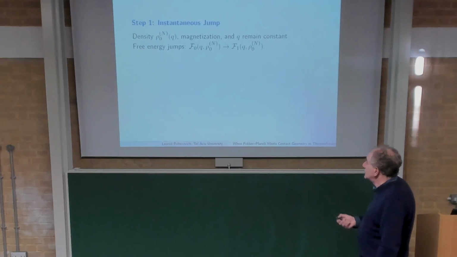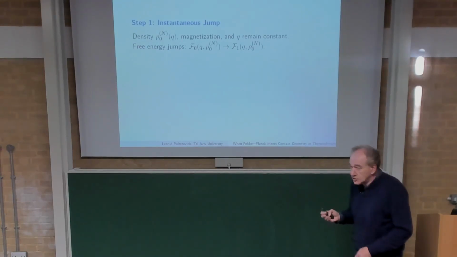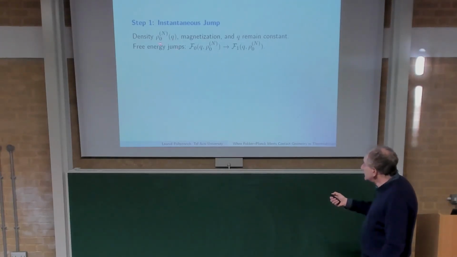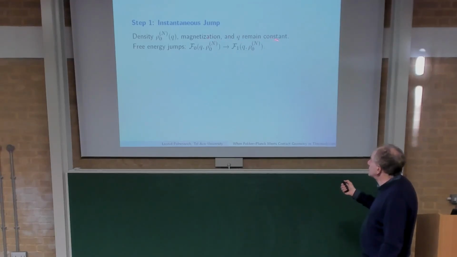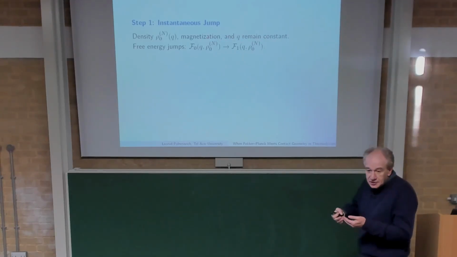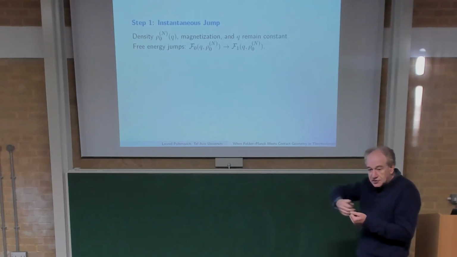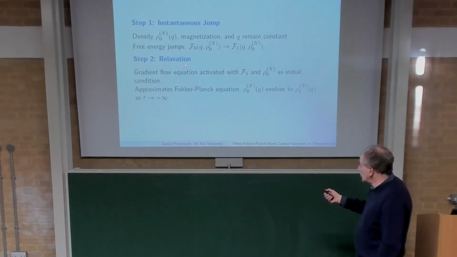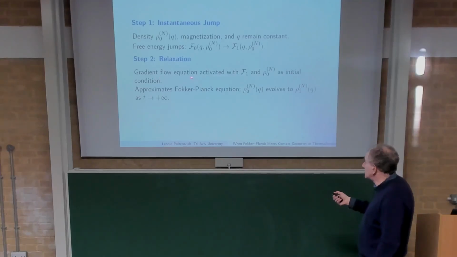So let me restate it. There is a relaxation which I defined in two steps. First, an instantaneous jump. The density and q and the magnetization remain constant, but the free energy changes. Okay, so the free energy gives us new possibilities. Then on the second step, relaxation happens, namely the gradient flow equation is activated with F1 as potential, and we go along its gradient, with rho 0 of n as the initial condition.